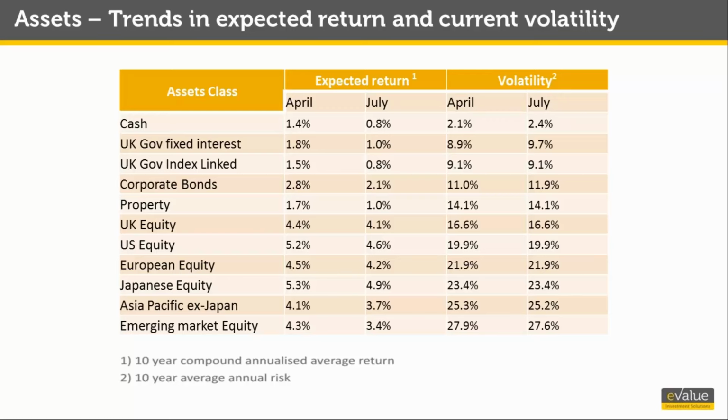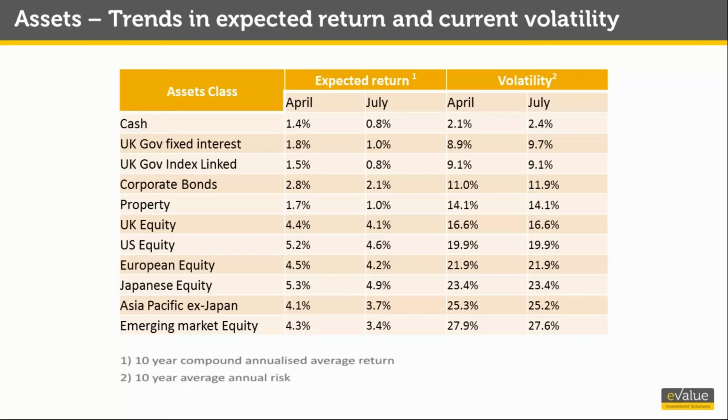The other change that you'll see is that we have historically enforced or maintained a home market bias. So the fact that UK equities for a UK investor would be the market of choice, or the one that would have the biggest allocation to it. What we've done this quarter is we've relaxed any constraints on that and allowed the market expectations to determine those asset allocations.